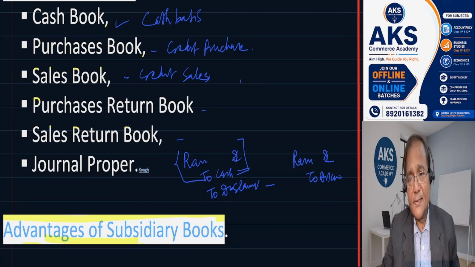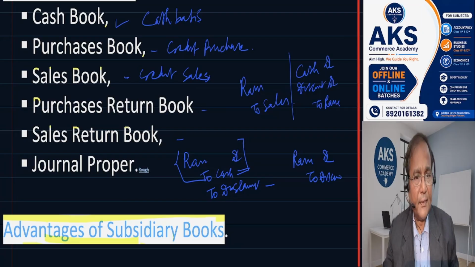Supposedly, Ram debit to sales. This is the normal entry for sales. Now what happens when Ram is making us payment? The entry that we are going to pass is cash debit, discount debit, if we are allowing him discount, and then to Ram. This is the entry we are passing, right?